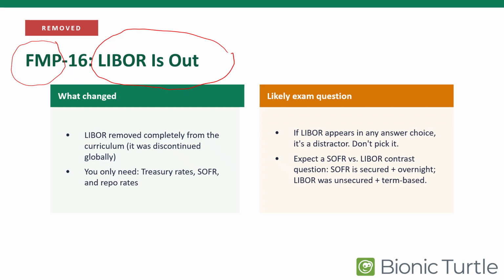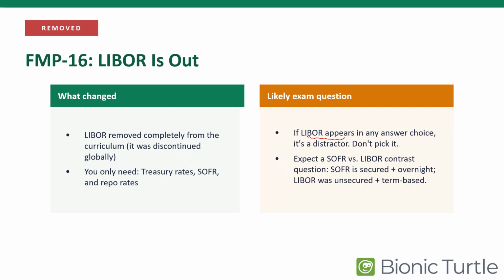Remember, there were some problems with LIBOR being fixed, and so it has been taken out of the official reading, and the reading now covers treasury rates, SOFR, which is the US-based replacement for LIBOR, and repo rates only. So what this means for your exam taking is that if LIBOR appears in any answer choice, it's clearly a distractor, so don't pick it.